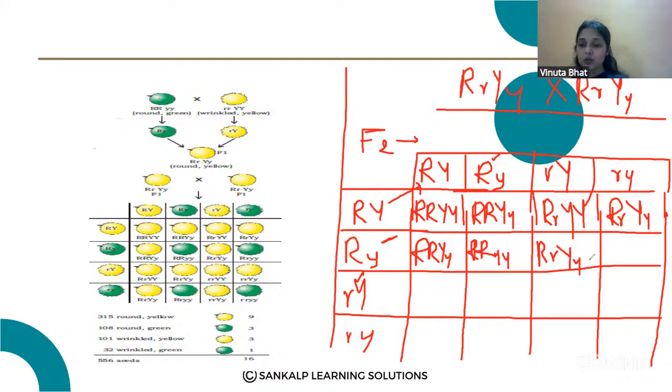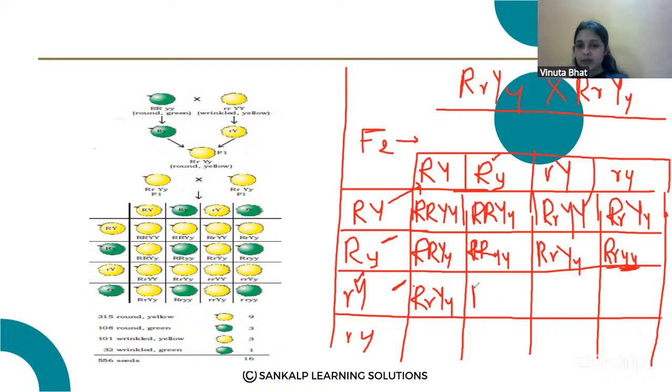This is also a round yellow seed. Check the last one: capital R, small y, small y. This is a round green seed because only small y is there. So round green seeds are produced. Next one, capital R, small r, capital Y, capital Y. This is a round yellow seed.